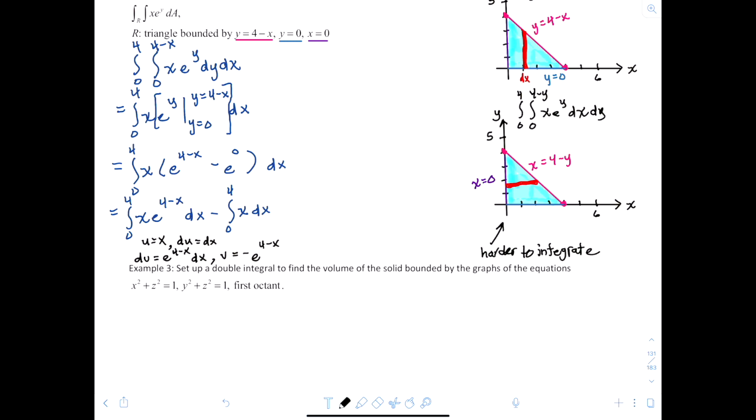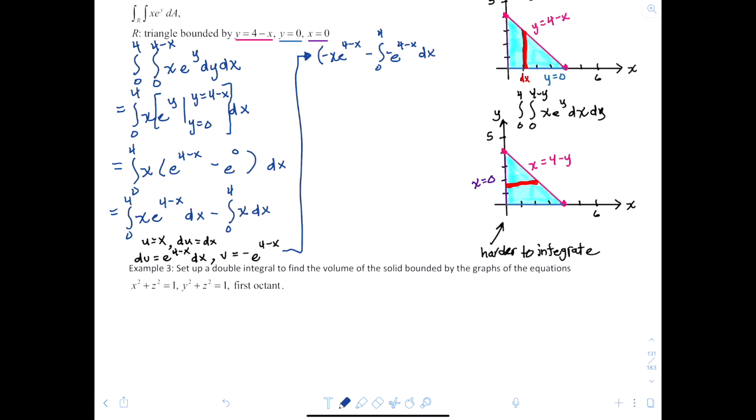Okay, so coming up here, that first integral will be u times v, so negative x e to the 4 minus x, and then minus the integral of v du, negative e to the 4 minus x dx. We're still integrating from 0 to 4.